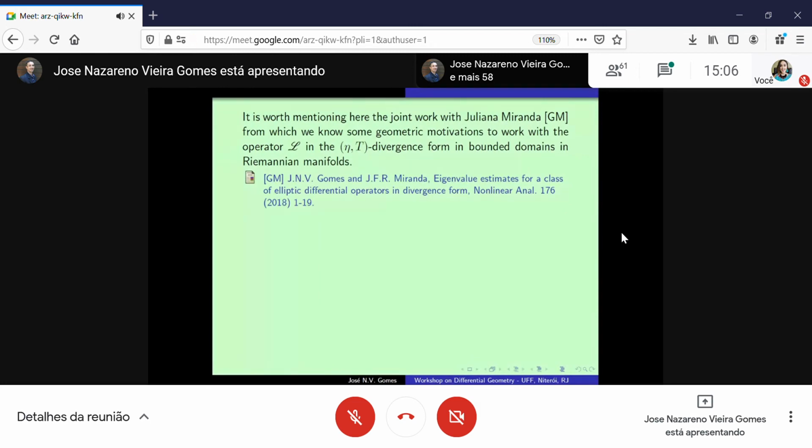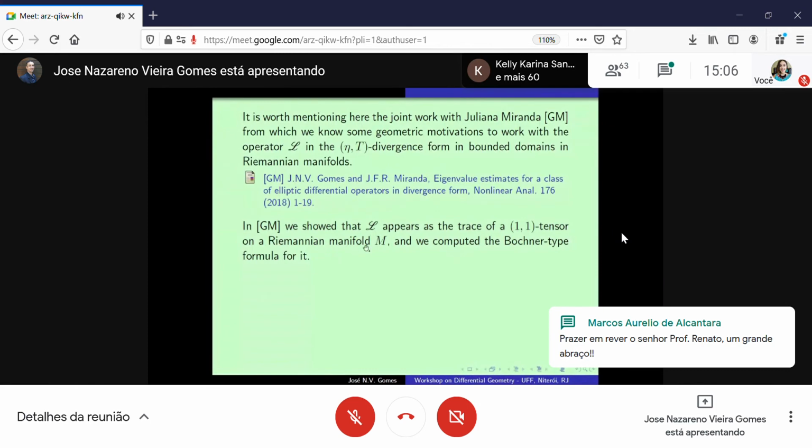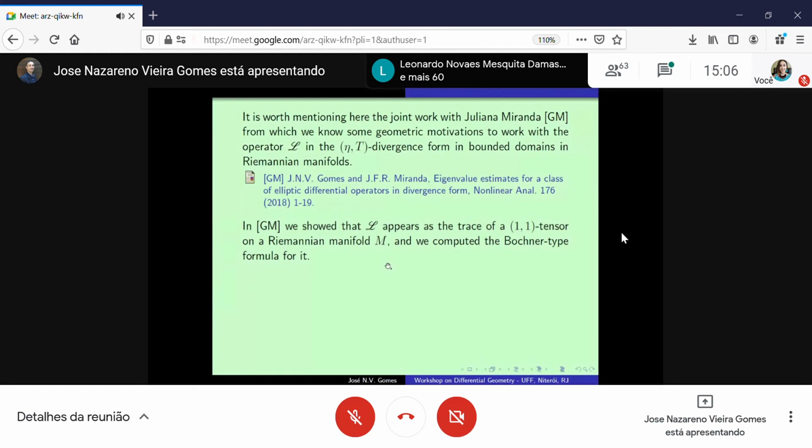It's worth mentioning here the joint work with Juliana Miranda, from which we know some geometric motivation to work with the operator in this form, but in bounded domains in Riemannian manifolds. In this paper, we show that L appears from a (1,1) tensor on M, and we computed the Bochner type formula for it.